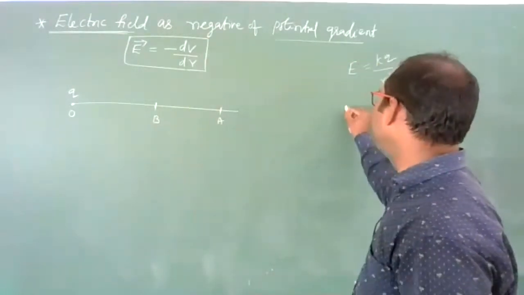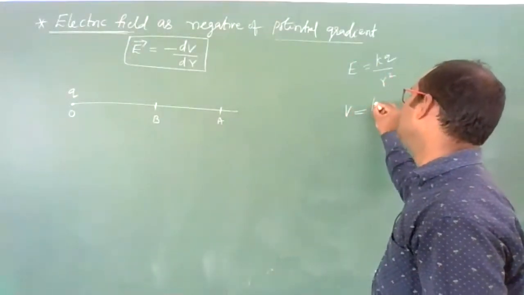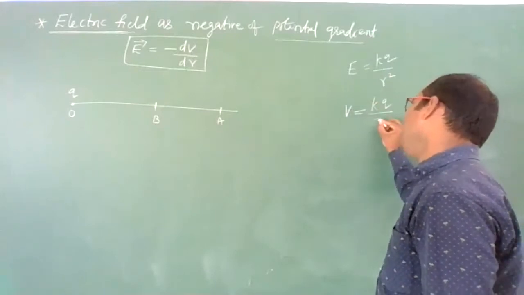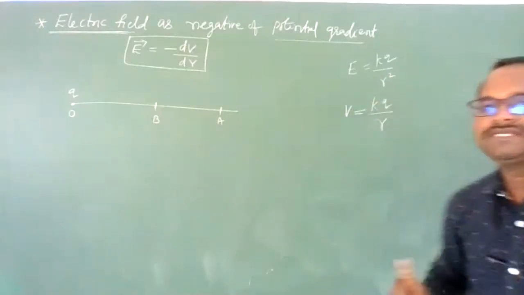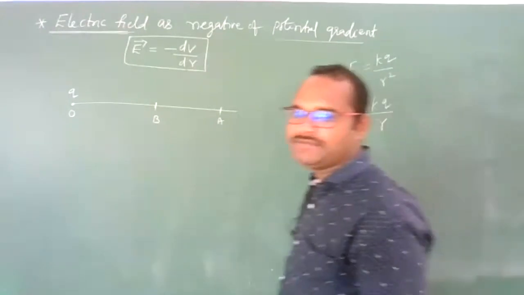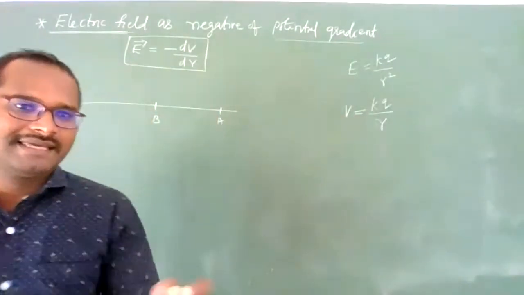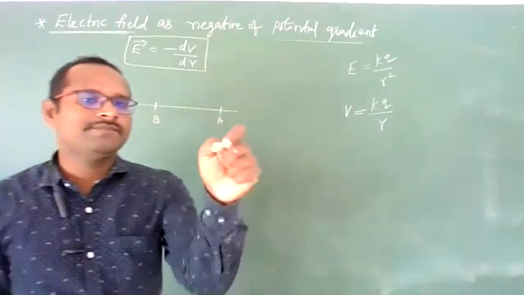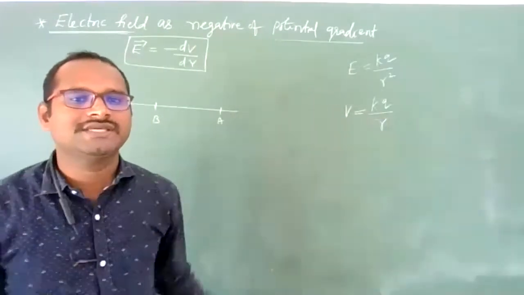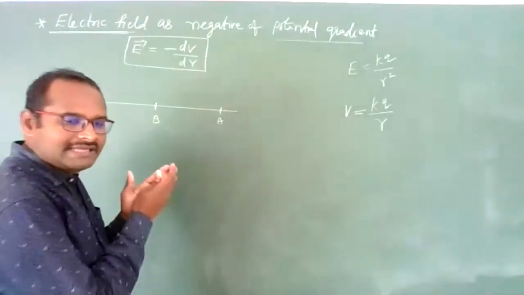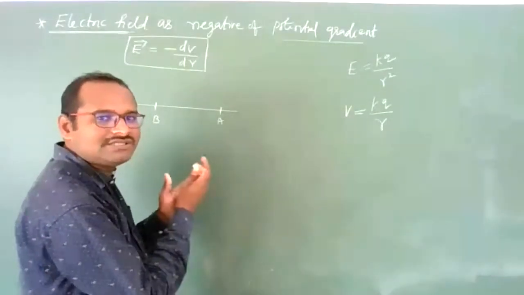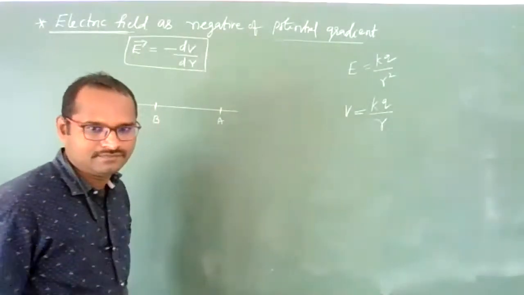The potential due to a point charge at any distance is kq by r. In last class, we have derived this one. Means as the distance is increasing, potential is decreasing.